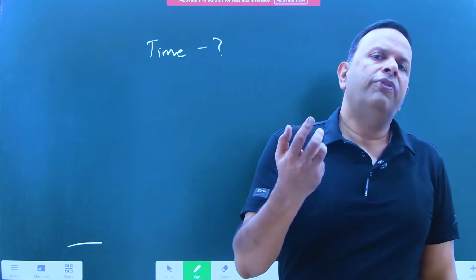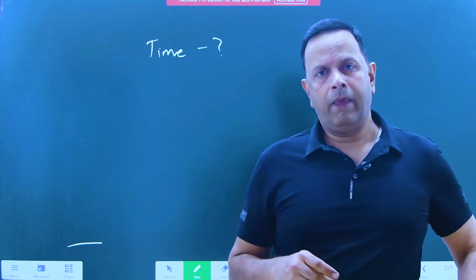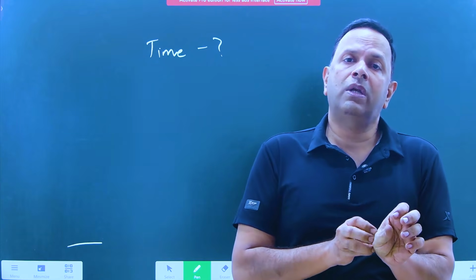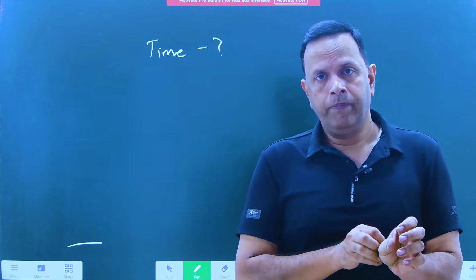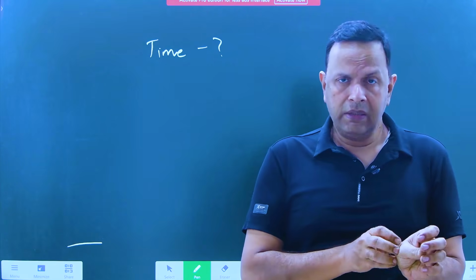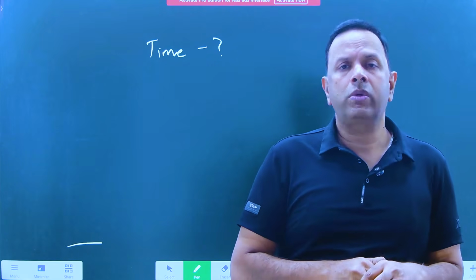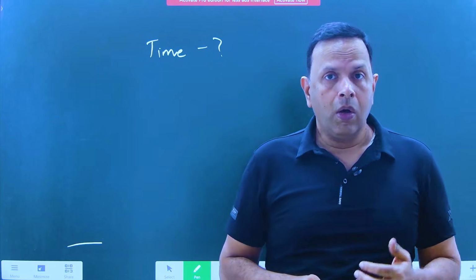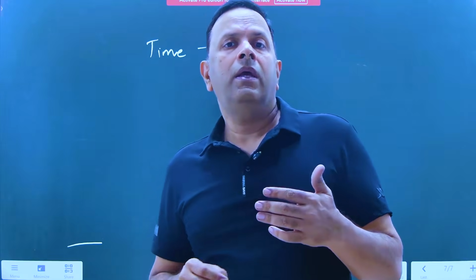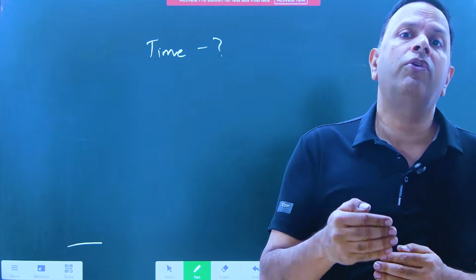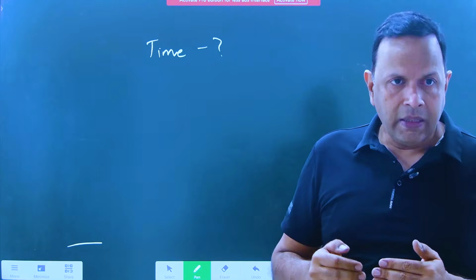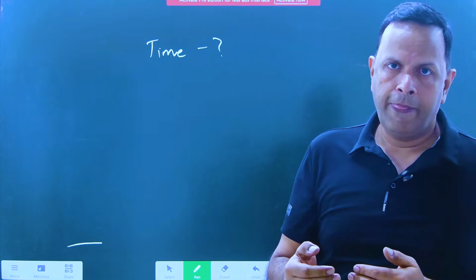If I ask to define mass and your answer is mass is that property which gives rise to inertia. Correct. Mass is that property which gives rise to inertia. But am I defining the mass or am I just telling an effect of mass? That if a body has mass, then it will have inertia.